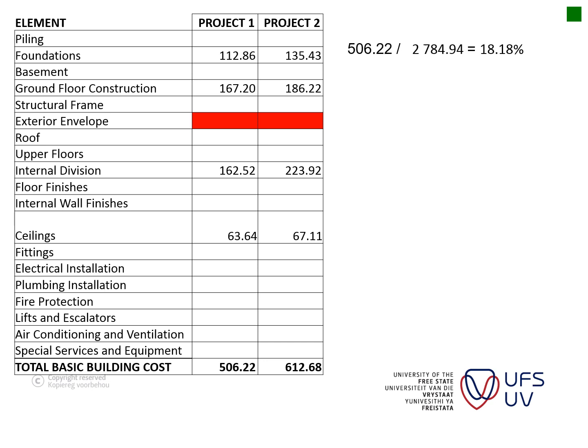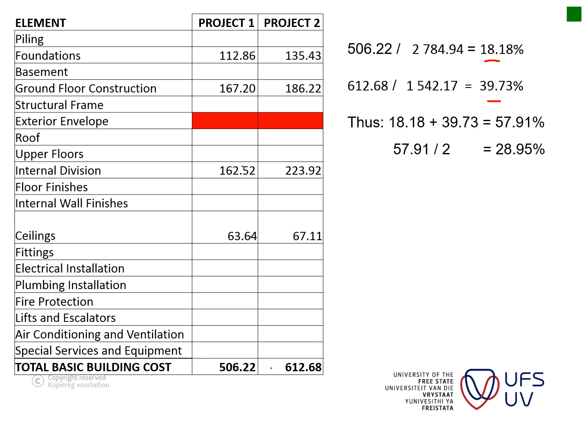So I'm just going to run through this. So you take your items that you have calculated from the previous slide, and you add them together, and you calculate what the percentage is for each one. You do the same for your project 2, and you can see that it only contributed 39%, the first one only 18%, and thus you can see the median is basically 29% that was contributed for only those items that you calculated.